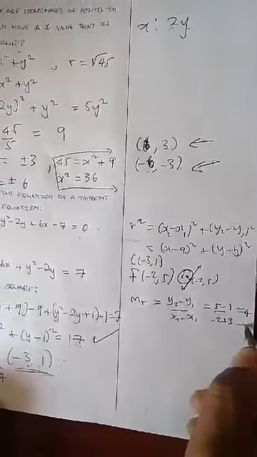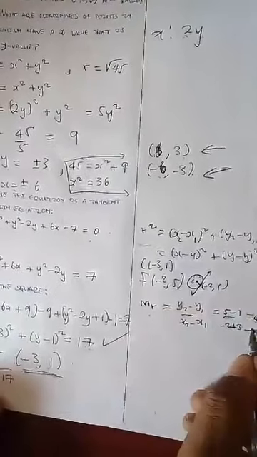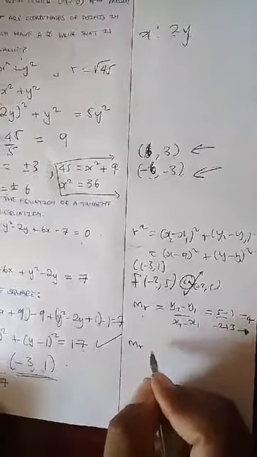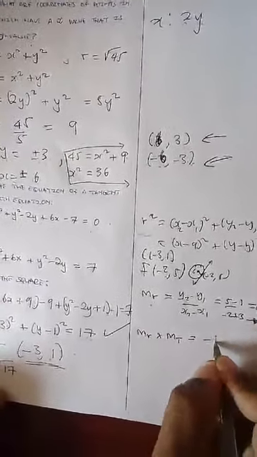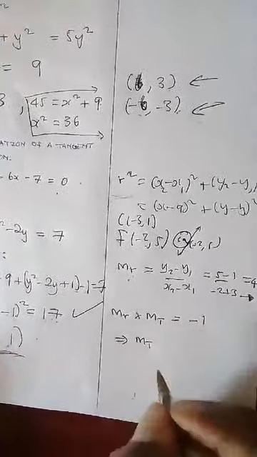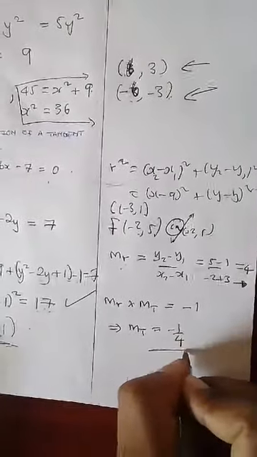So the gradient of the radius is 4. But we know that the gradient of the radius multiplied by the gradient of the tangent should give us minus 1. So this implies that the gradient of the tangent should be minus 1 over 4.